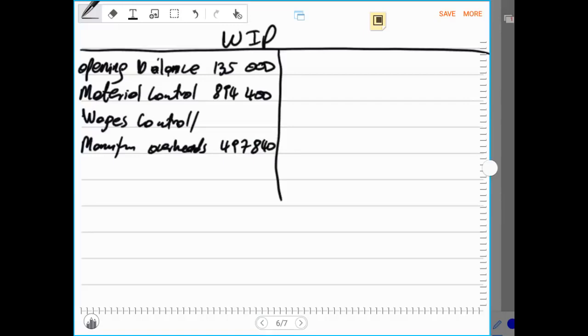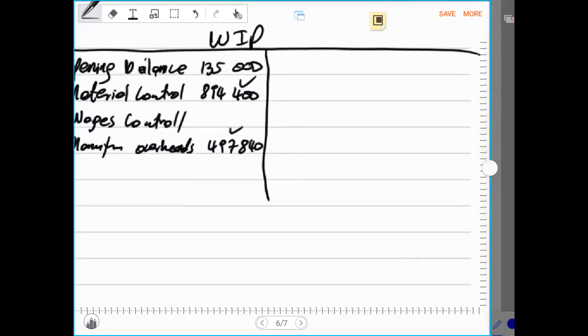That will be the material transferred during the year, the wage control plus the overheads combined, all on the debit side. Then after we know that under work in process, we record finished goods.